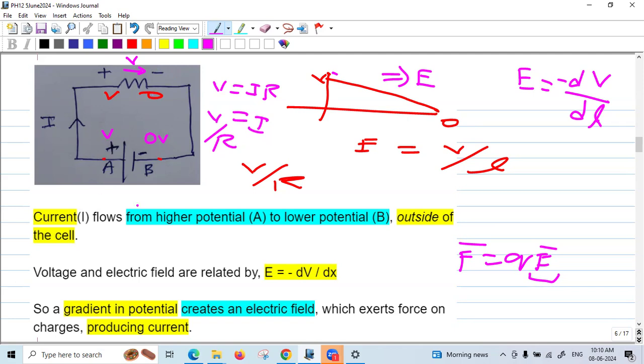So I can say the current will flow because of the potential difference. That is the same as saying it's flowing because there is an electric field, because there is a potential gradient. Once there is a potential difference, there is a potential gradient, and once there is a potential gradient, there will be an electric field which will push the charge.